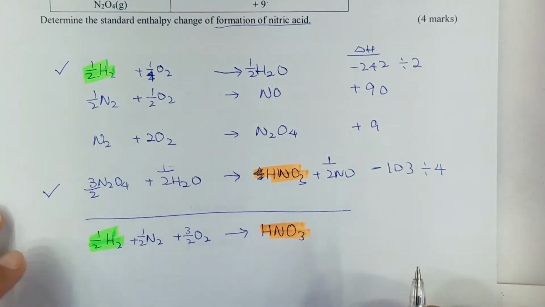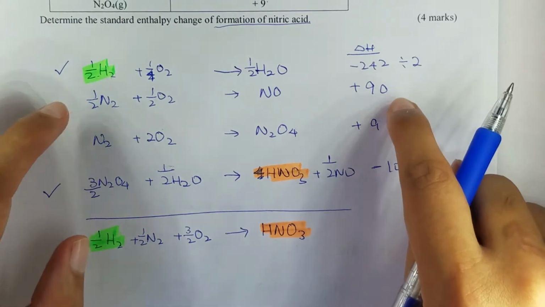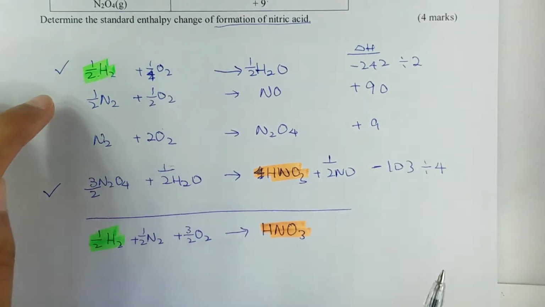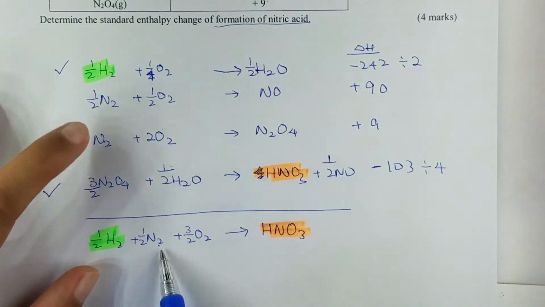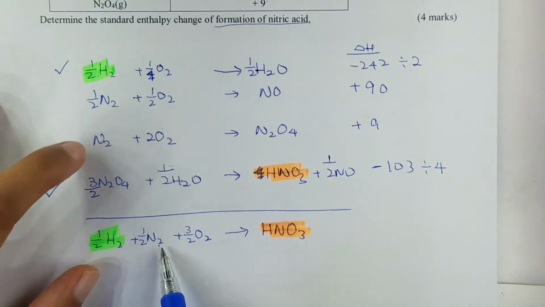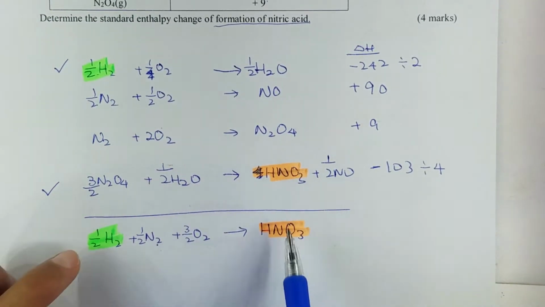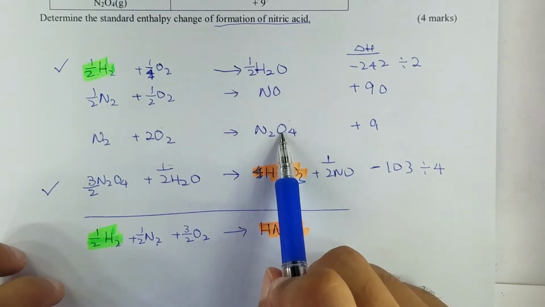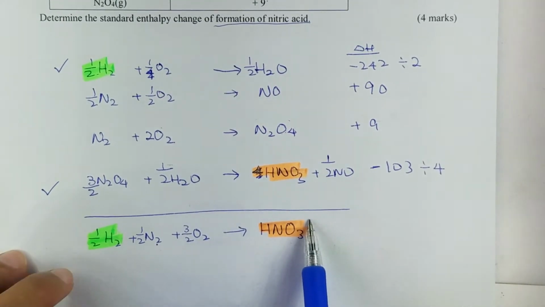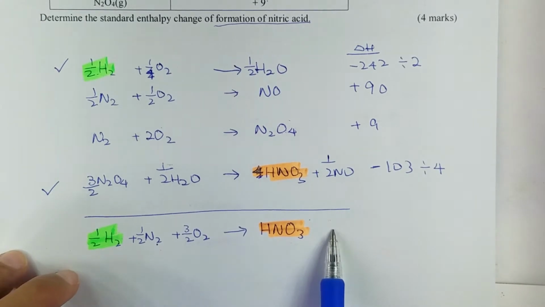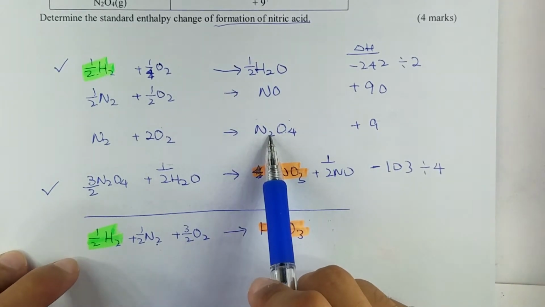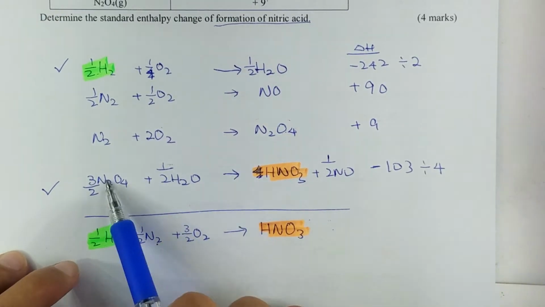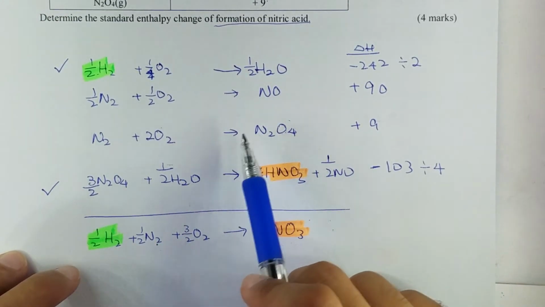Now we have 2 equations left. For nitrogen, there are 2 equations, so I cannot touch it yet. But you will notice there's N2O4 over on this side. Now, N2O4, do we keep it? No, we have to get rid of N2O4. In order to cancel N2O4, I need the same quantity, in other words the same number of moles.